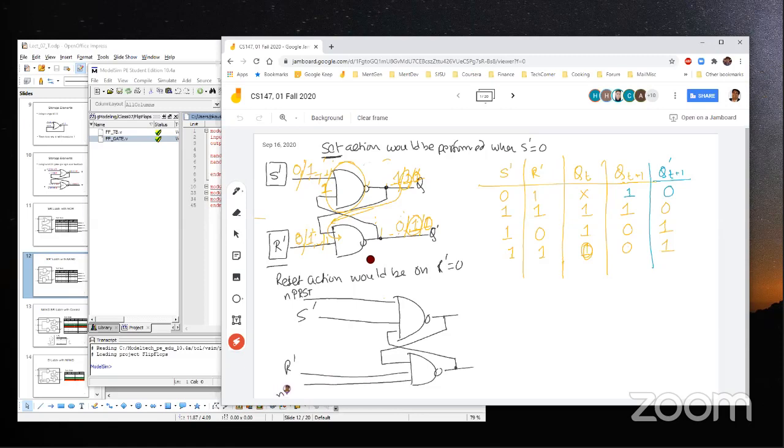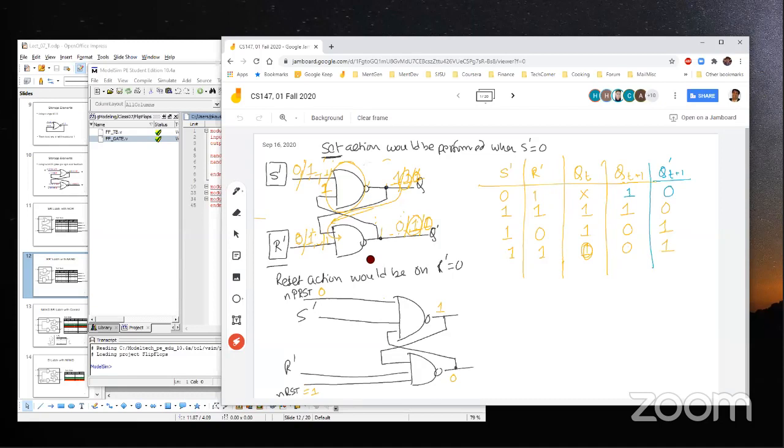and reset. So basically, if I supply a 0 here, no matter what the Q and Q bar are, it will force this logic to become 1, and in turn this logic to become 0. But we need to make sure this one is 1.